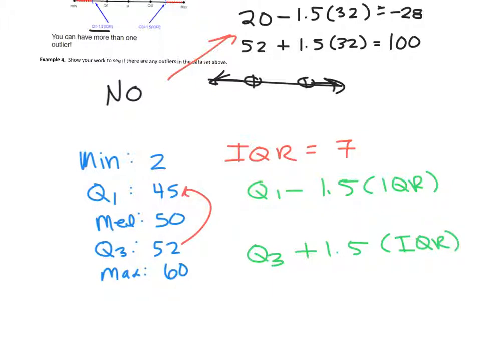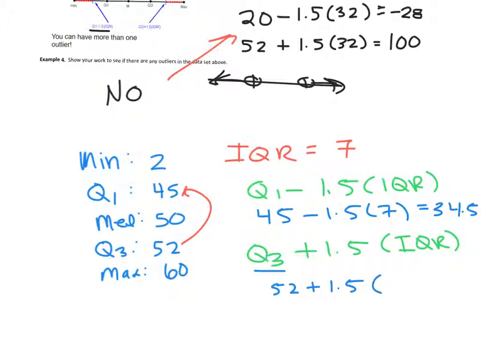Q1 is 45, so 45 minus 1.5 times 7 is 34.5. And then Q3 is 52, so 52 plus 1.5 times 7 is 62.5.